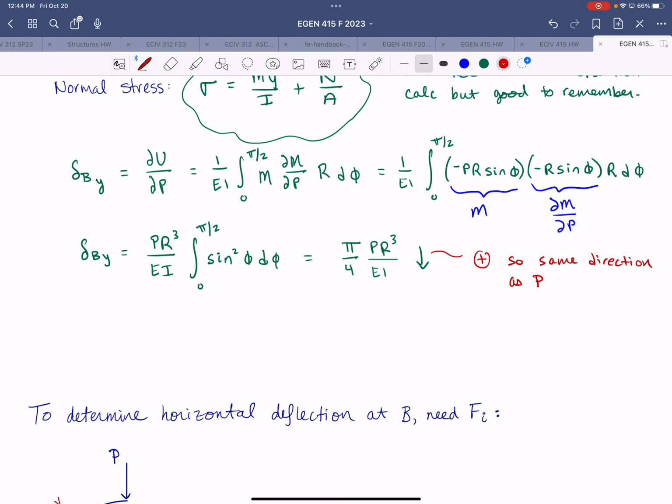All right, and then I'm going to add a side note. This is FYI, a little refresher on some trig calc.